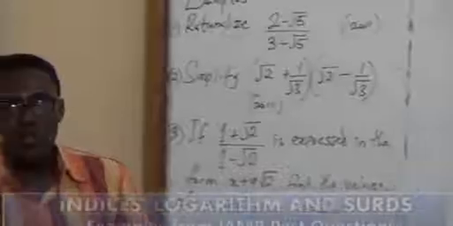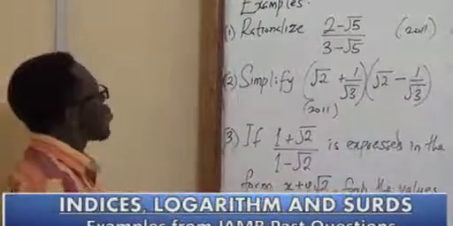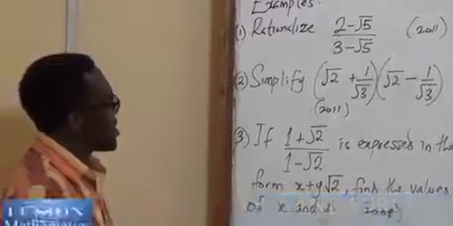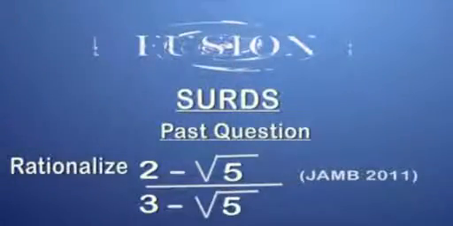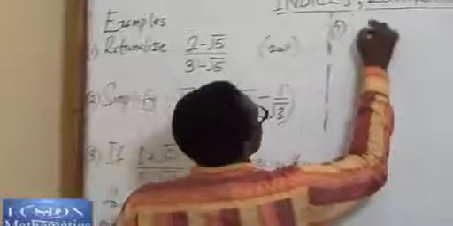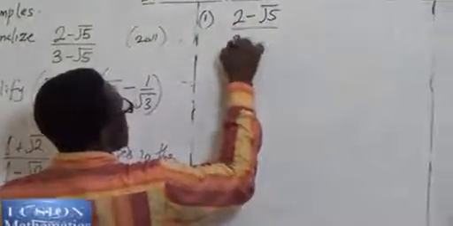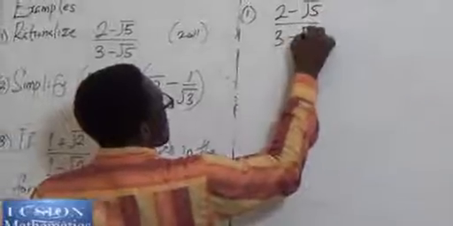Now let's look at some questions from our JAMB past questions. Question number 1 from 2011. Rationalize 2 minus root 5 all over 3 minus root 5. We said that to rationalize, we multiply by the conjugate of the denominator.